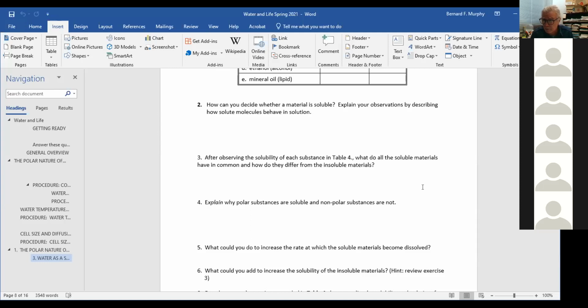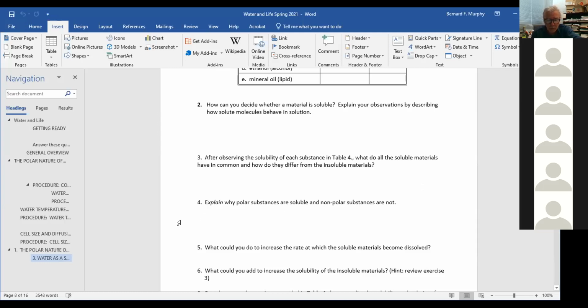The insoluble materials are non-polar. You could say the bonds, but not all the soluble materials have the same type of bonds. The salts have ionic bonds. The other things, the sugars and the alcohol, have polar covalent bonds, and that's why they're polar.